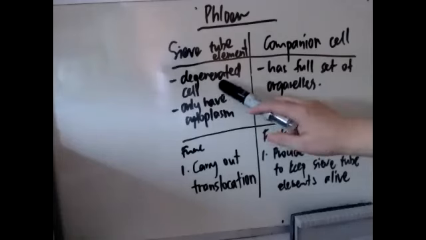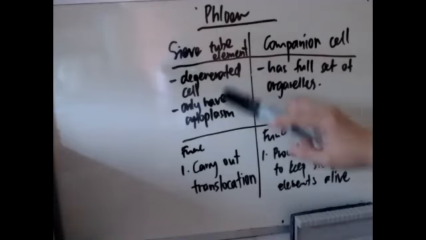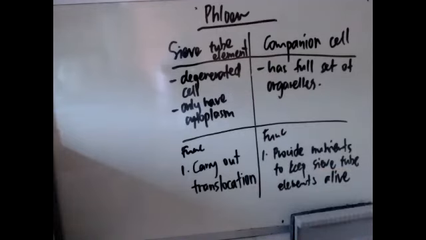So basically, being degenerated and only having cytoplasm actually helps sieve tube elements carry out the movement of food. As you remember from earlier, xylem is totally empty, so the movement of water is very smooth.